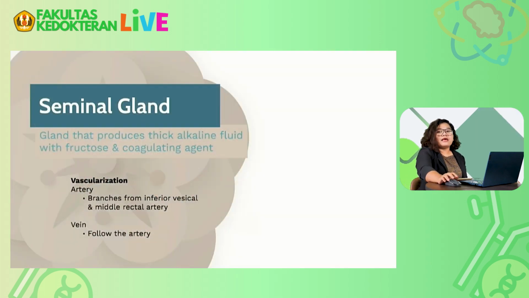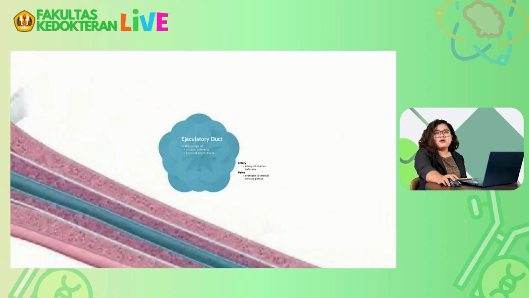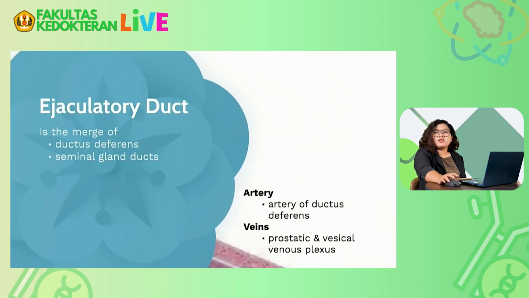From the seminal glands, we move on to the ejaculatory ducts. What is the ejaculatory duct? Well, it is the merging of the ductus deferens and the seminal gland from both sides. On each side, it is approximately 2.5 centimeters long. It is located in the neck of the bladder.